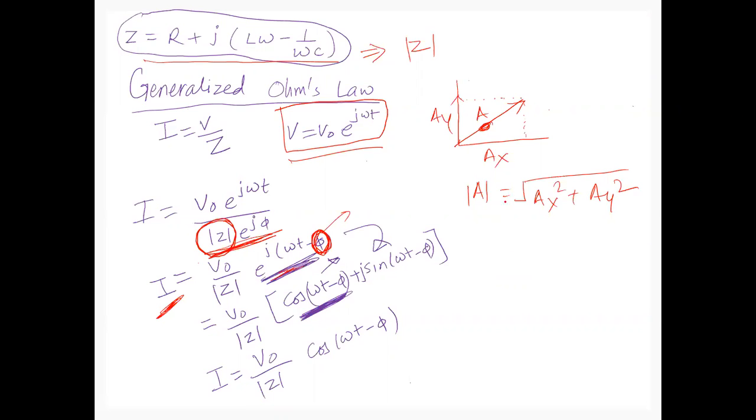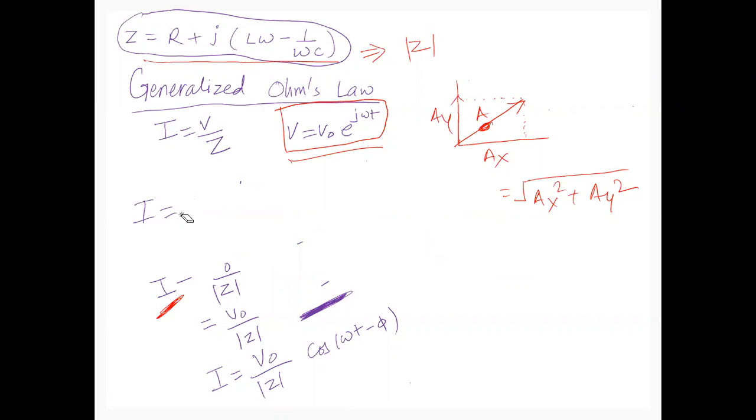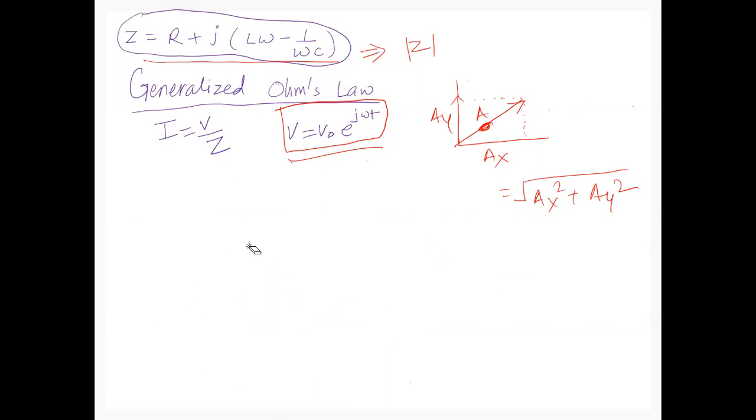In the same way, how do you find the absolute value of Z? The absolute value is always found like this: Z times Z star. That's how you figure it out.